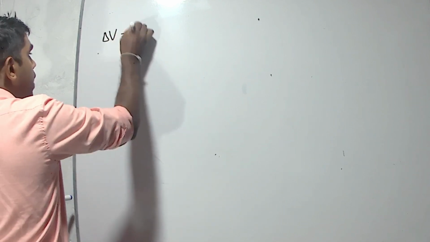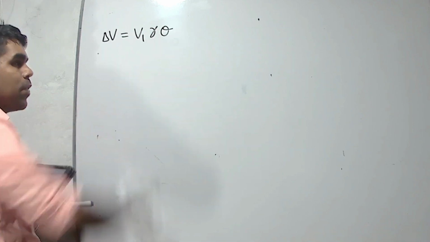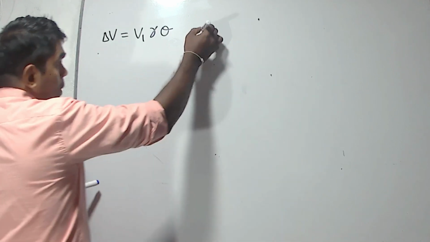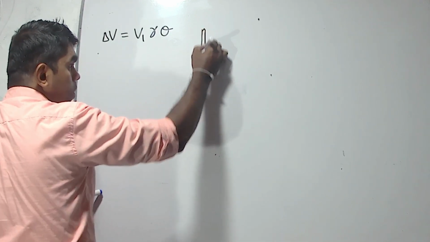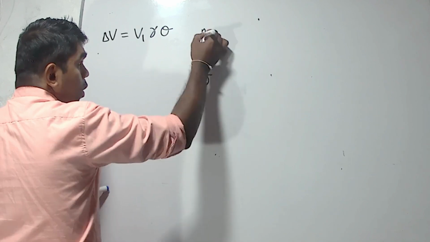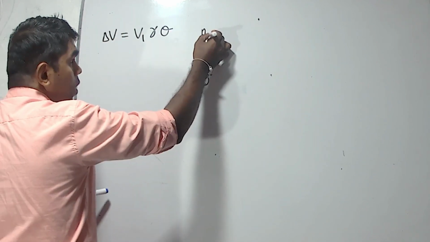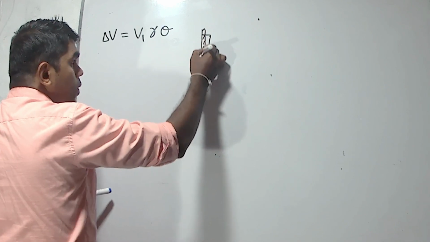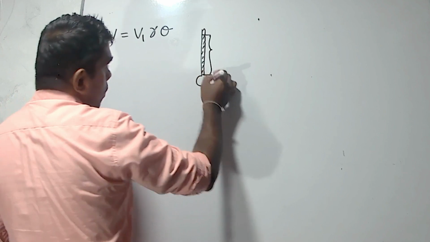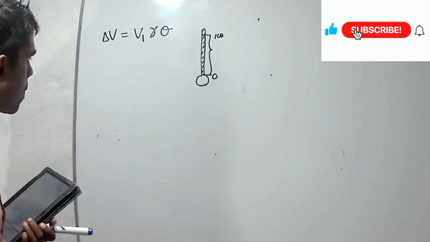We can write delta V equal to V1 gamma theta. Gamma value is the apparent volume expansivity. For the thermometer, the increase of volume should be equal to the volume between the 0 and 100 positions of the capillary.